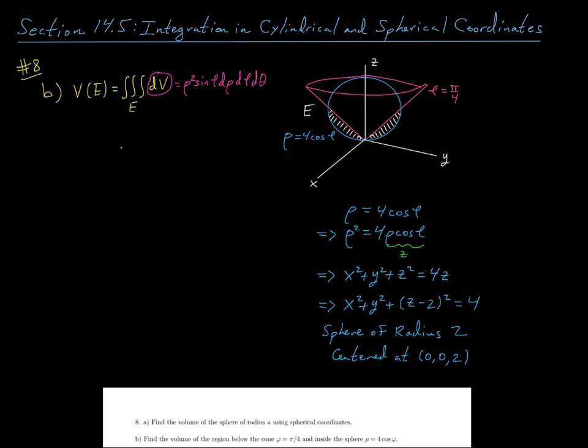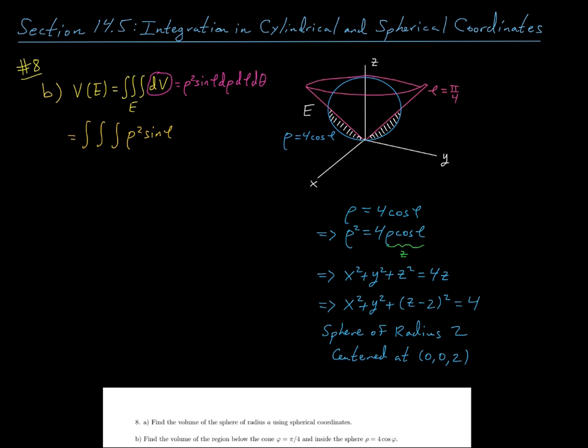So to set up our integral as an iterated integral in spherical, I'll go ahead and put in the rho squared sine phi. And now for the bounds on rho, think about fixing an angle phi and an angle theta, and then we're going to let the radial distance rho vary.